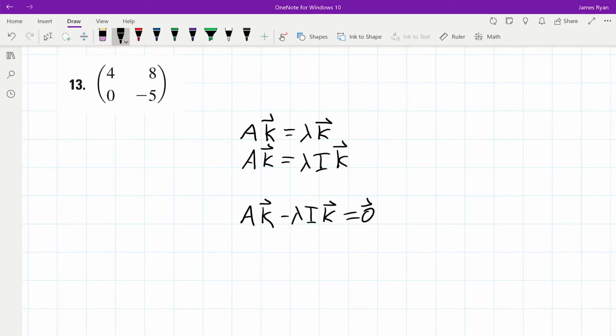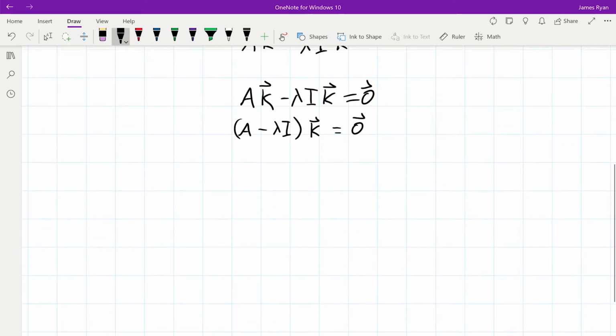And so we can factor out k from this, because it's a vector, we'll factor it out on the right. And so we have A minus lambda I, which is a matrix equation, times k, a vector, is 0, the 0 vector.